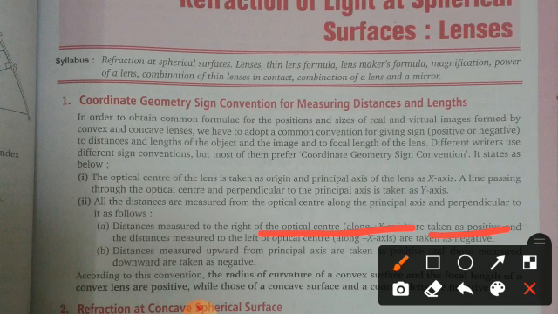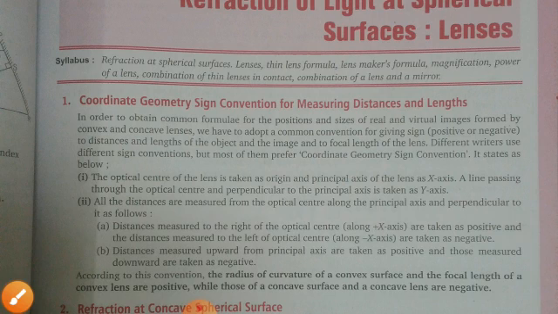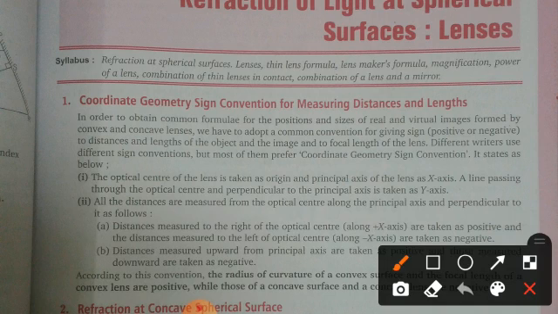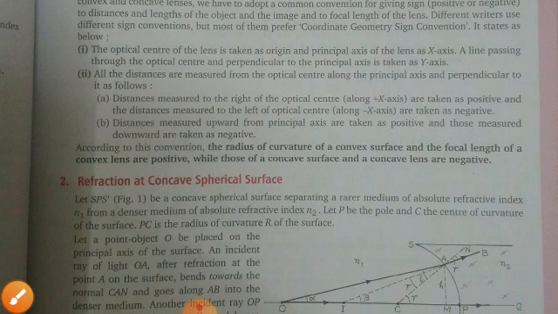Means if you move in the positive x-axis direction, then all the distances you are measuring are taken as positive, and the distances measured to the left of the optical center, that is if you are moving in the negative x-axis direction, then all the distances you take as negative. Fine. Now the second one, distances measured upward from the principal axis are taken as positive.